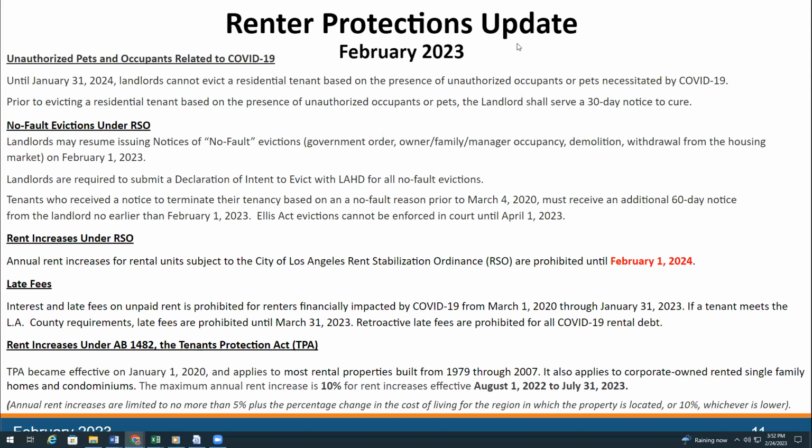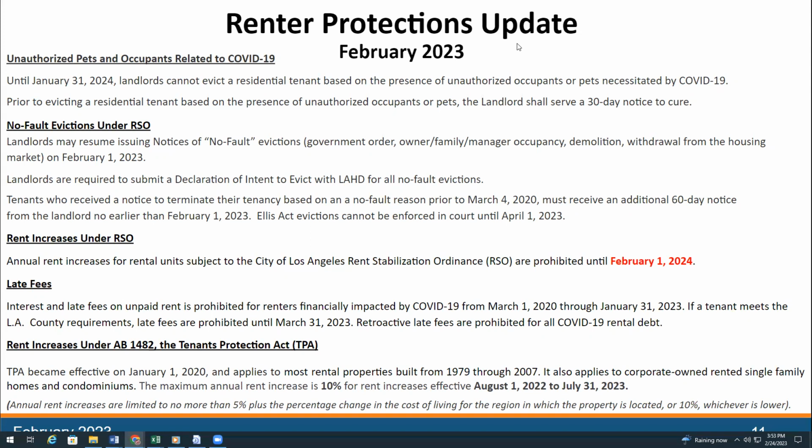Landlords cannot evict a residential tenant if there are still unauthorized occupants or pets that need to live in the unit due to a COVID impact. And a change in the law is that when that time comes, prior to a landlord evicting a residential tenant based on this reason, the landlord has to serve a 30-day notice to cure.